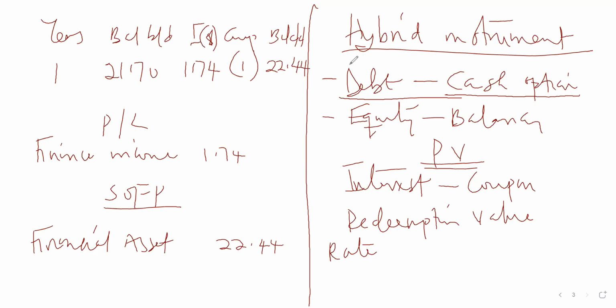Alternatively, the bonds will be redeemed at par after 5 years. The market rate of interest for a similar 5-year term bond with no conversion option is 7%. Required.